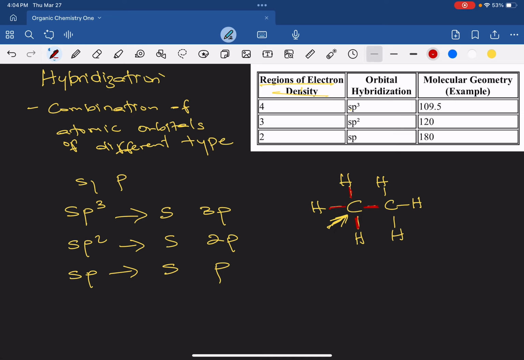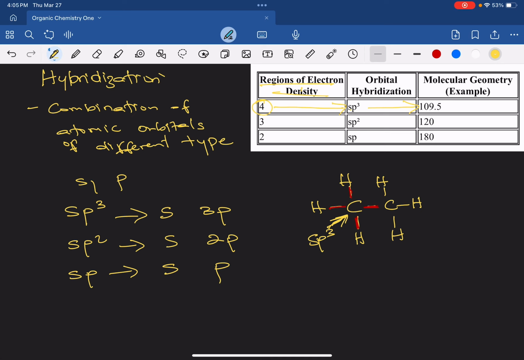You're going to have to memorize this table because it is generally not given to you. So you have 4 regions of electron density. Go to your table where it says 4 regions of electron density, and what's the hybridization? It's sp3. It's that simple. And anything that is sp3 has a bond angle of 109.5, right?